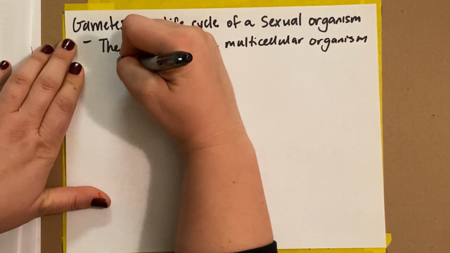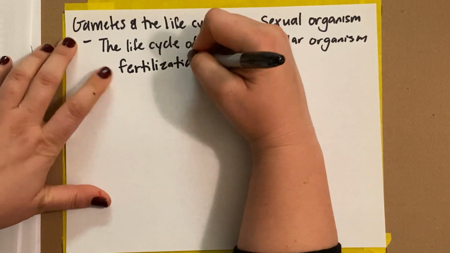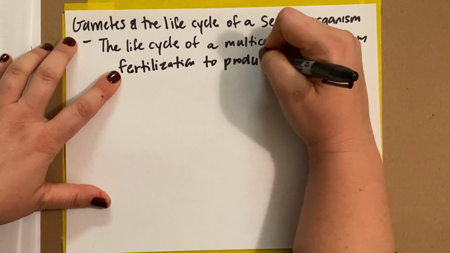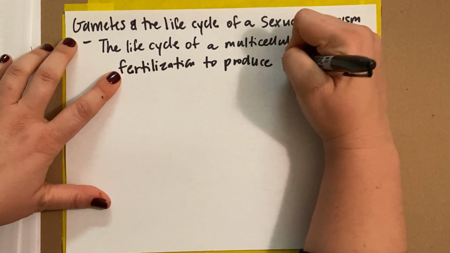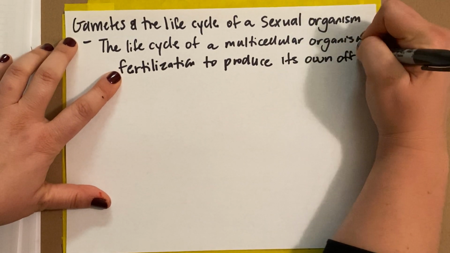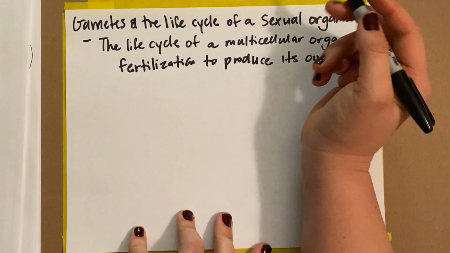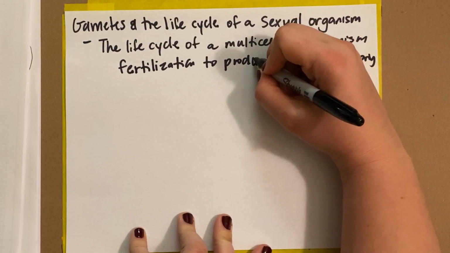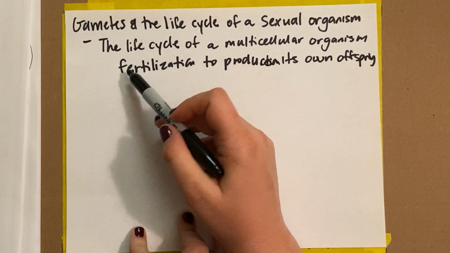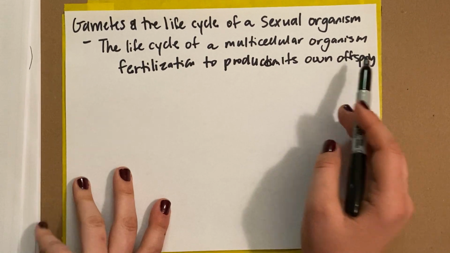Fertilization is going to be part of this, fertilization to produce its own offspring. Actually, I should say production. So this process is the life cycle from fertilization until production of its own offspring.